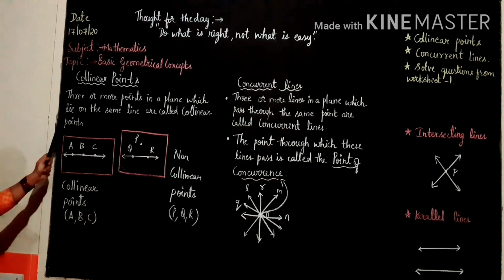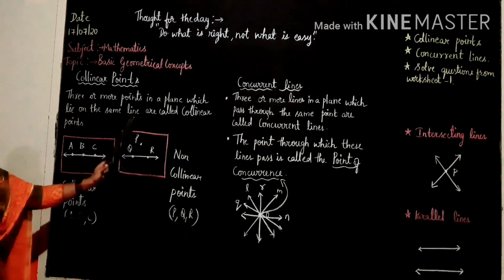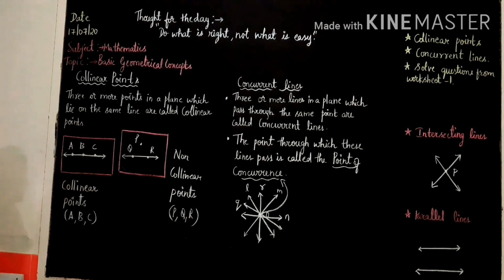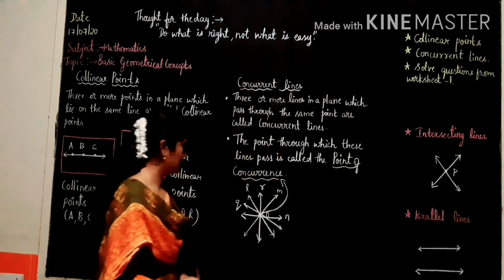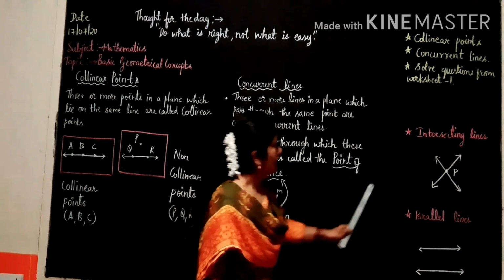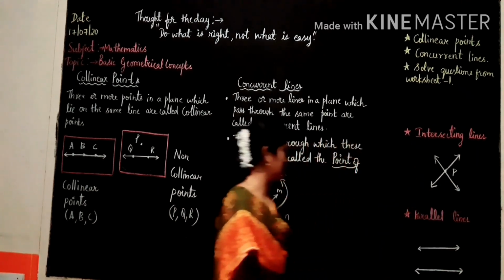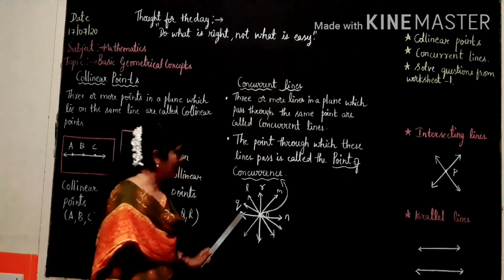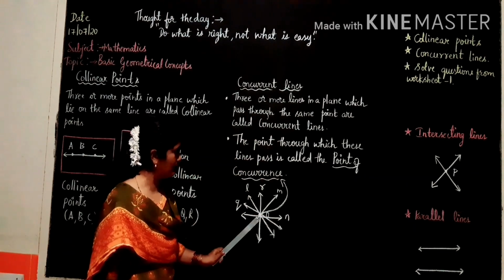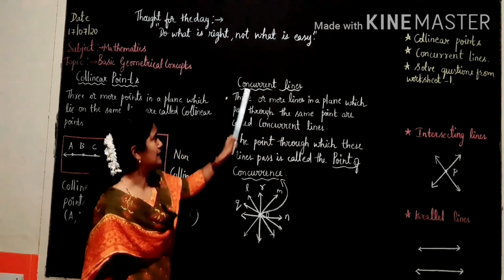The definition says that 3 or more points in a plane which lie on the same line are called collinear points. Next we have concurrent lines. Children, as we know, if two lines meet at a point, then they are said to be intersecting lines. If more than 2 lines pass through a point, then those lines are said to be concurrent lines.